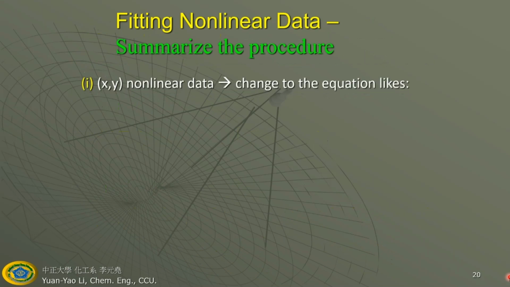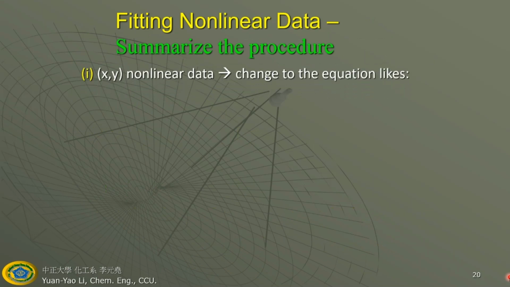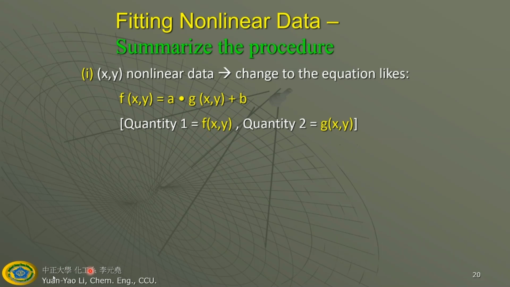Right. So let me summarize the procedure. Step one, if it's nonlinear data, change it to an equation like this one: f function of x, y times g function of x, y plus b. So quantity 1 will be a function of x and y, quantity 2 will be another function of x and y.